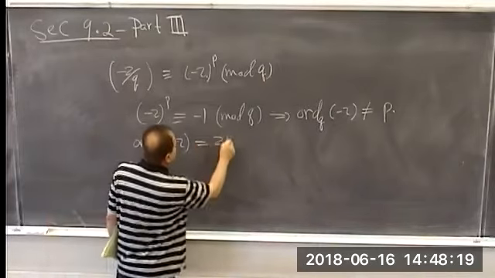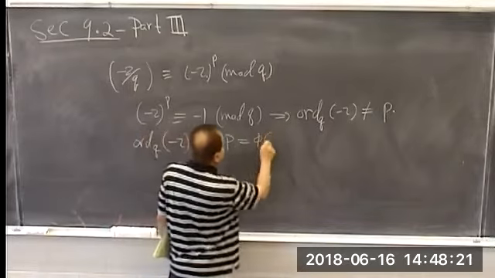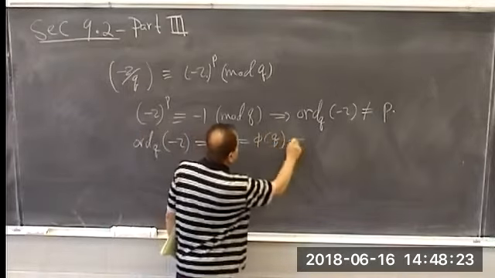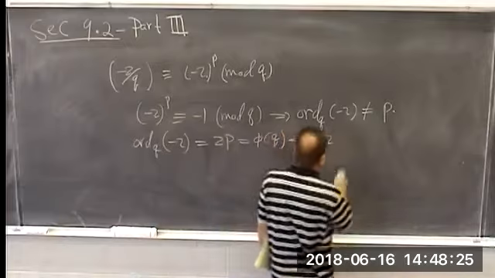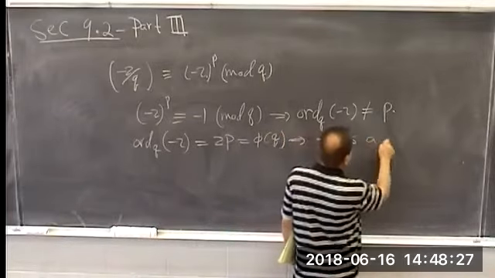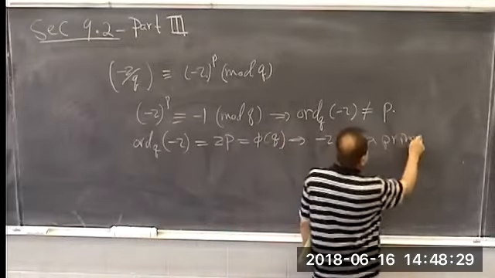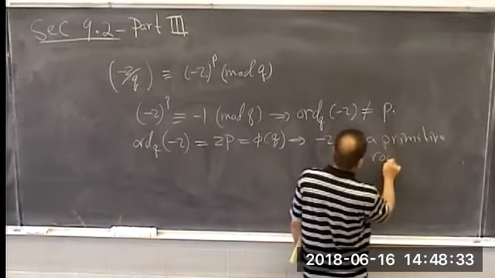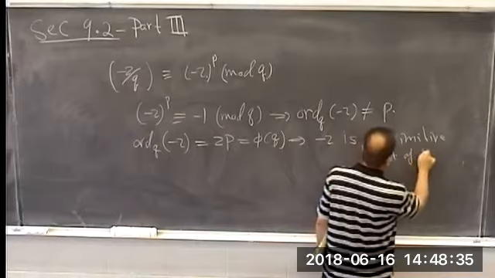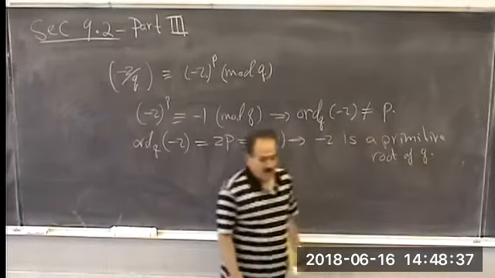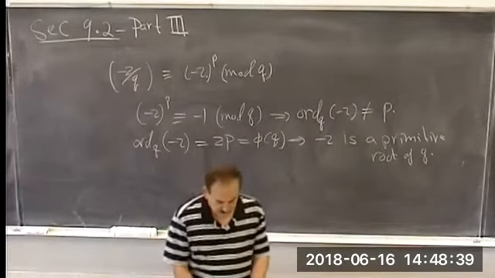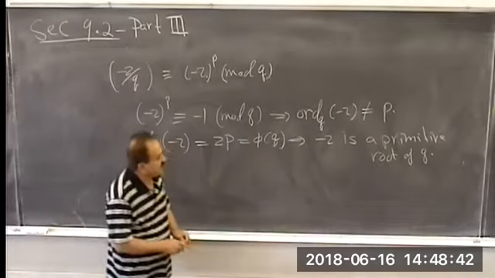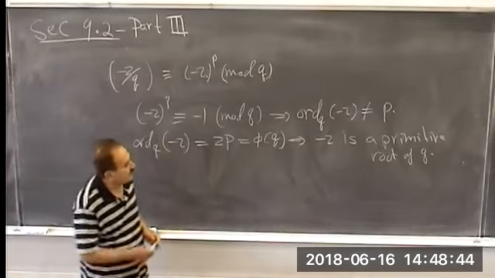It must be equal to p, which is 0. And this makes negative 2 a primitive root of p. All right. So this will take care of the second case.